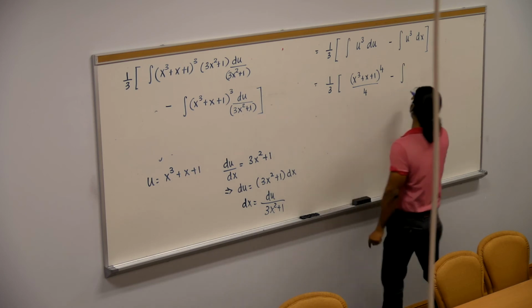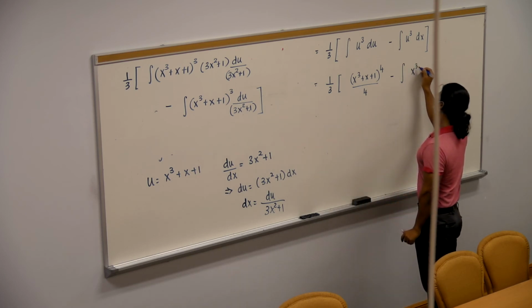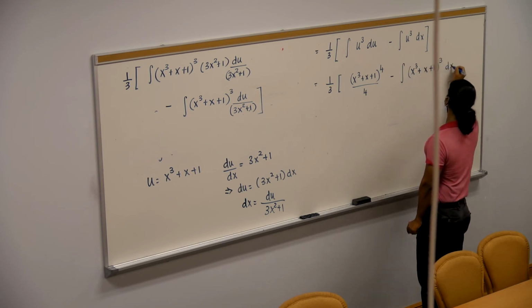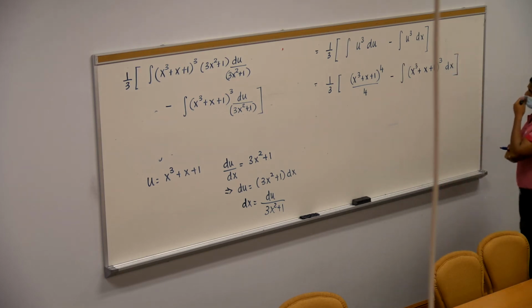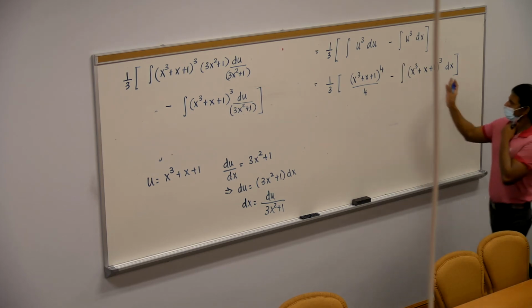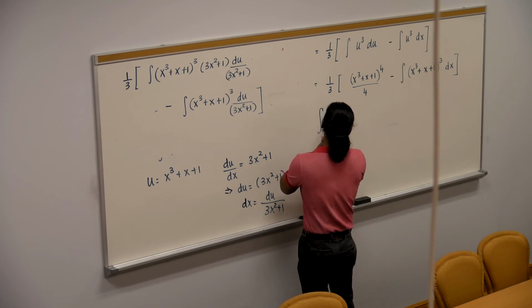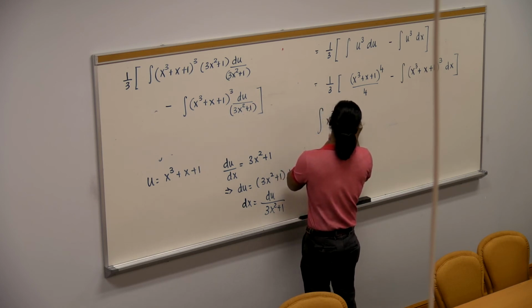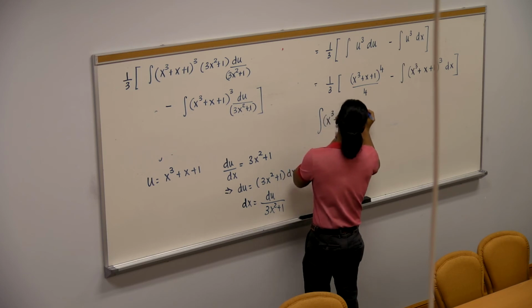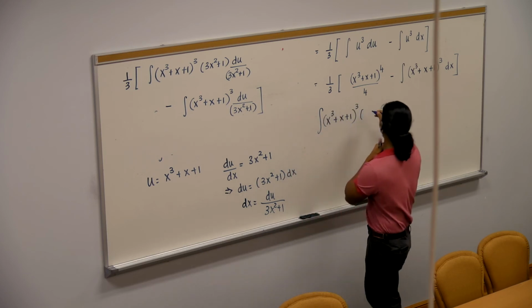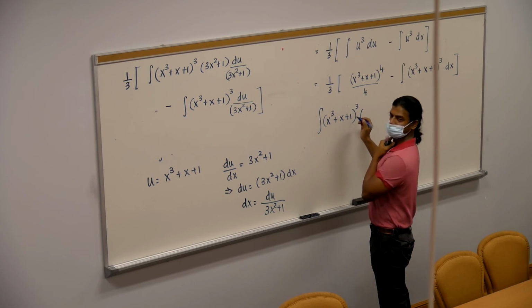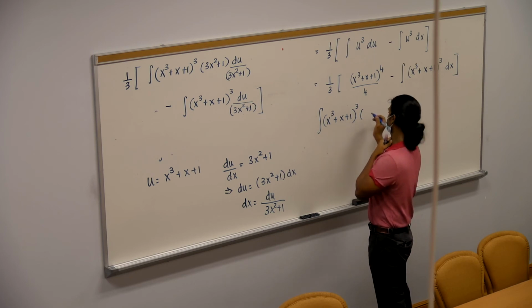So we would have to go back and do x cubed plus x plus 1 cubed dx. So all of that would equal, what did we have? The integral of x cubed plus x plus 1 cubed multiplied by what? 3x squared. Yes?